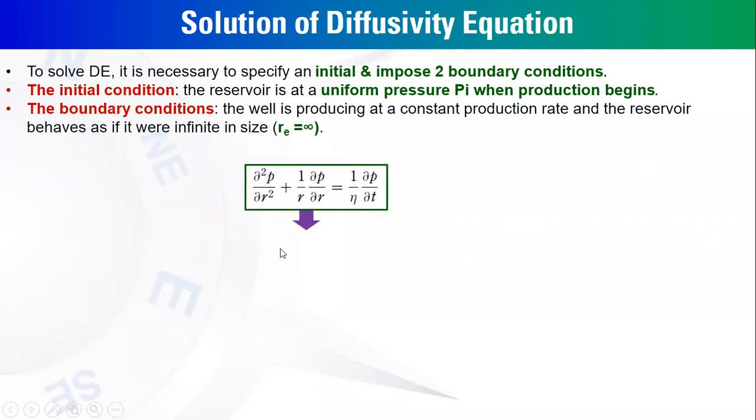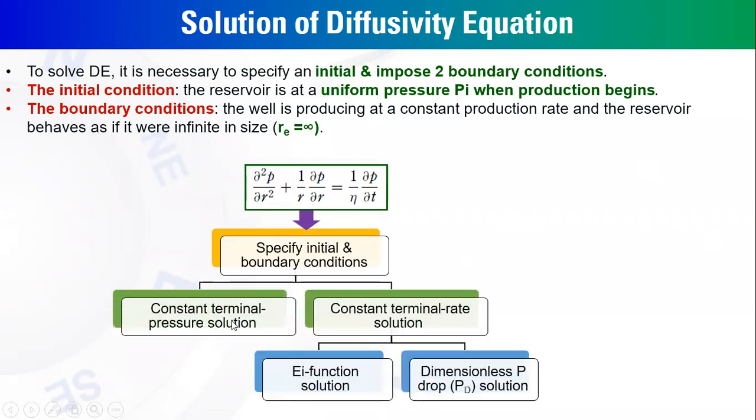So solving this equation with the assigned boundary and initial conditions, we have two main approaches: constant terminal pressure and constant terminal rate. The constant terminal pressure approach is valid in the case of water influx or water injection and so on.